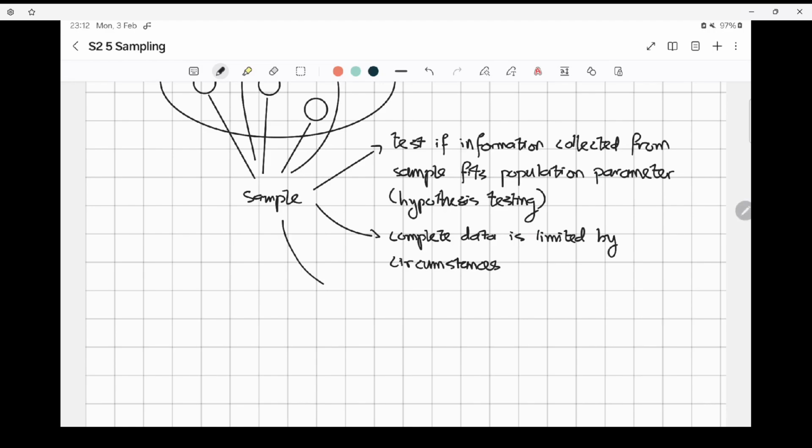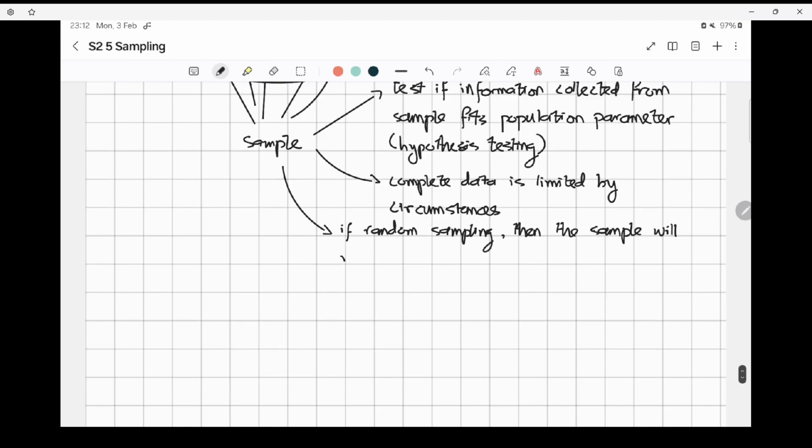And if your sample is random enough, if it is random sampling, meaning that each of the samples that you take has equal chances, then the sample will represent the whole population.